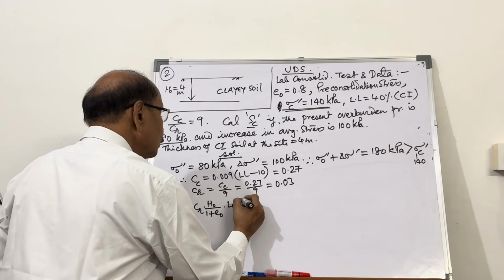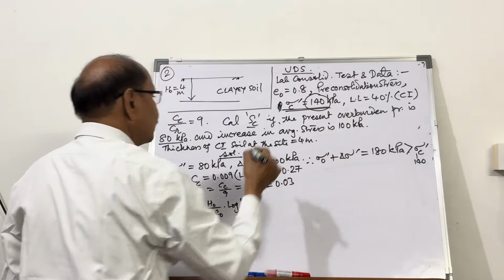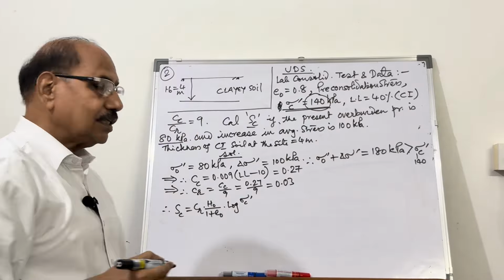Sigma C prime is 140 kilopascal, and sigma C prime divided by sigma naught prime. And what is sigma naught prime? The sigma naught prime value is given to you, the present overburden pressure.